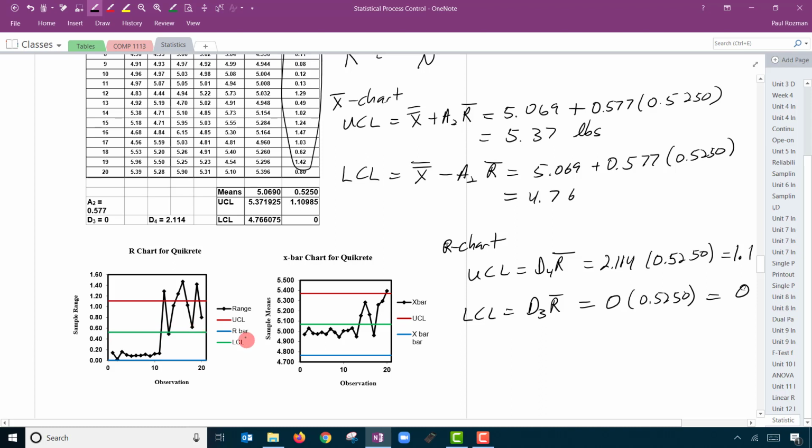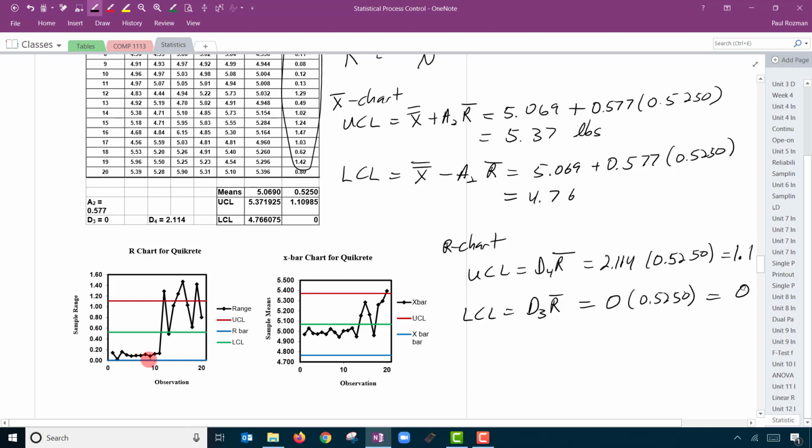I think my color coding is all goofed up. If you look at that, R bar should be the center there. But obviously the R bar is here in the middle. Our upper control limit, we calculated it over here, it was 1.1, and our lower control limit was 0.